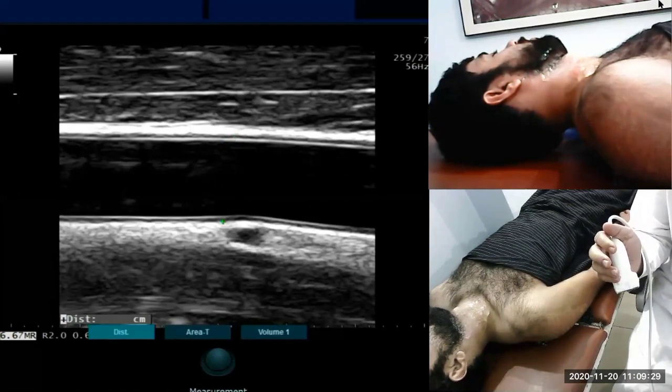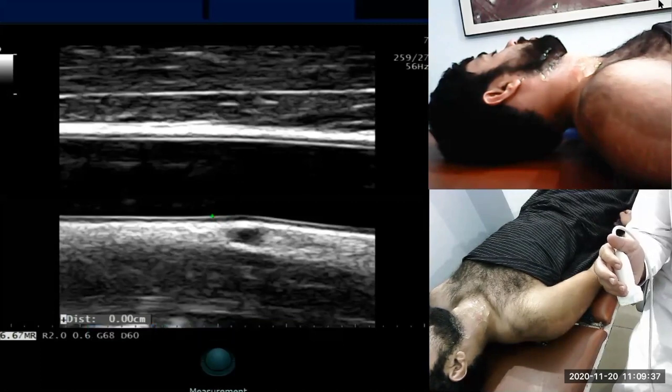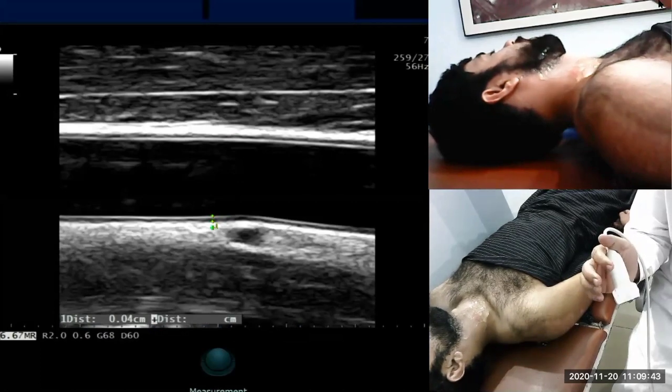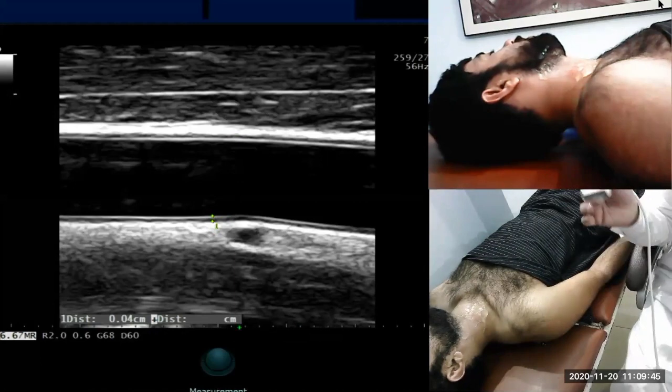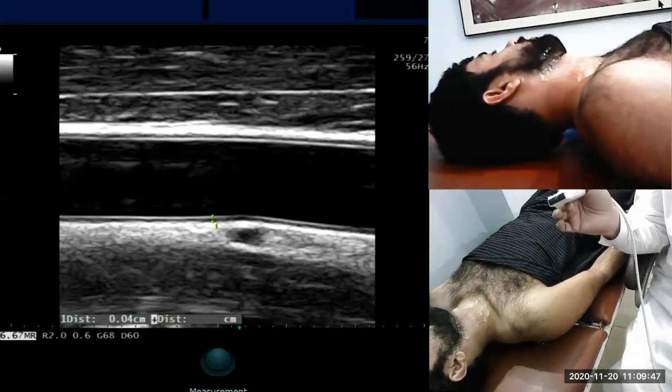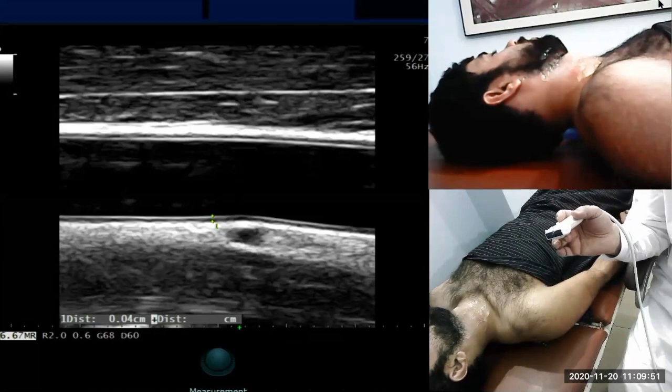Here also the intima and the media. We can measure it here. You see it is 0.4 millimeter or 0.04 centimeter.